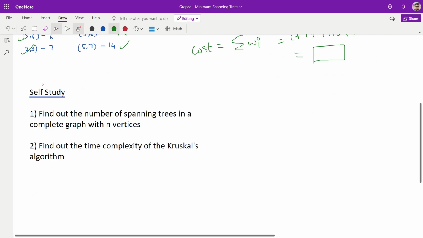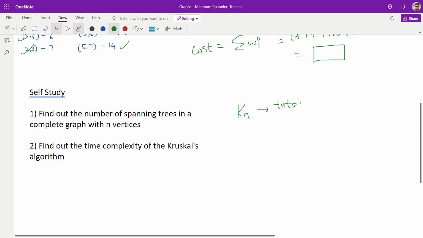Now this was from my end. There are some concepts that you have to study as a part of your self-study course. The first thing you have to learn is the number of spanning trees possible in a connected graph with n vertices. Let's say I'm giving you a connected graph Kn, which has n different vertices. You have to find out the total number of spanning trees possible.